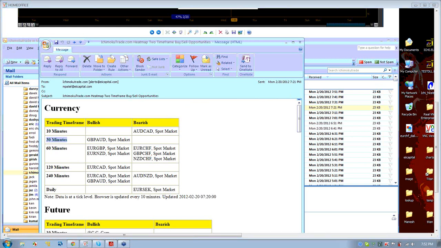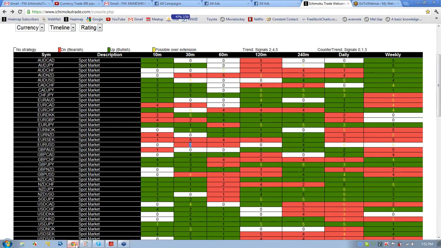Now, what will happen is you will see, like right now, pound Australian is ready to go. But if you look at the heat map, it's now a 0. So the opportunity is gone. Behind this heat map is the actual signal server. When the opportunities are gone, they're gone. That means either the trade got entered or the trade got canceled and you never even entered it.